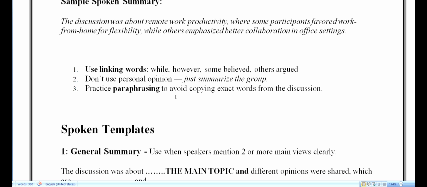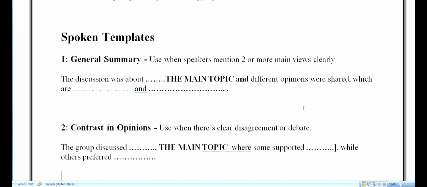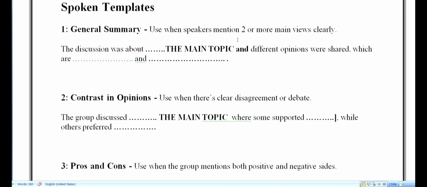Right. Now, let's revise some standard templates, some common vocabulary. If it is a topic where you have to give a general summary, you need not focus on any advantages and disadvantages. You have to just say what was going on. When the speakers mention two or more main views clearly, they are not talking about advantages and disadvantages.